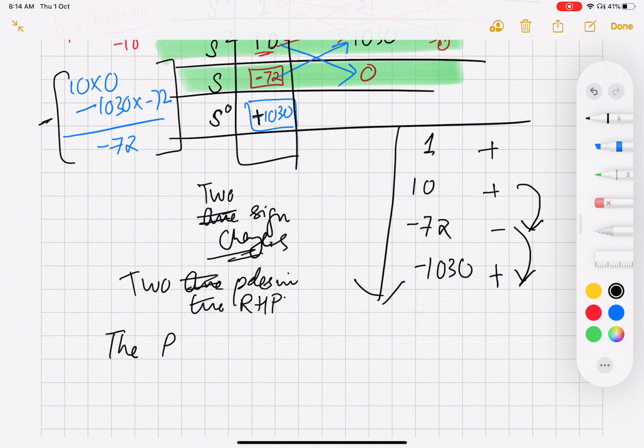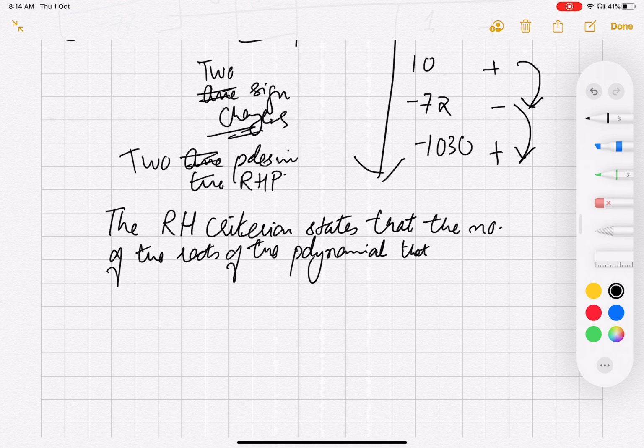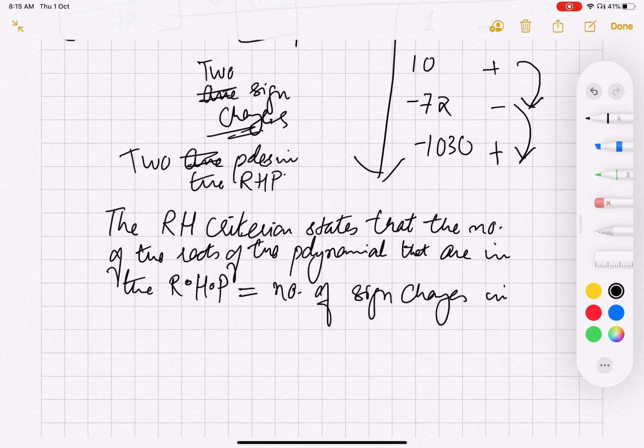The Routh-Hurwitz criteria states that the number of the roots of the polynomial which we are testing, the characteristic polynomial in this case, that are in the right half plane is equal to the number of sign changes in the first column of the Routh table.